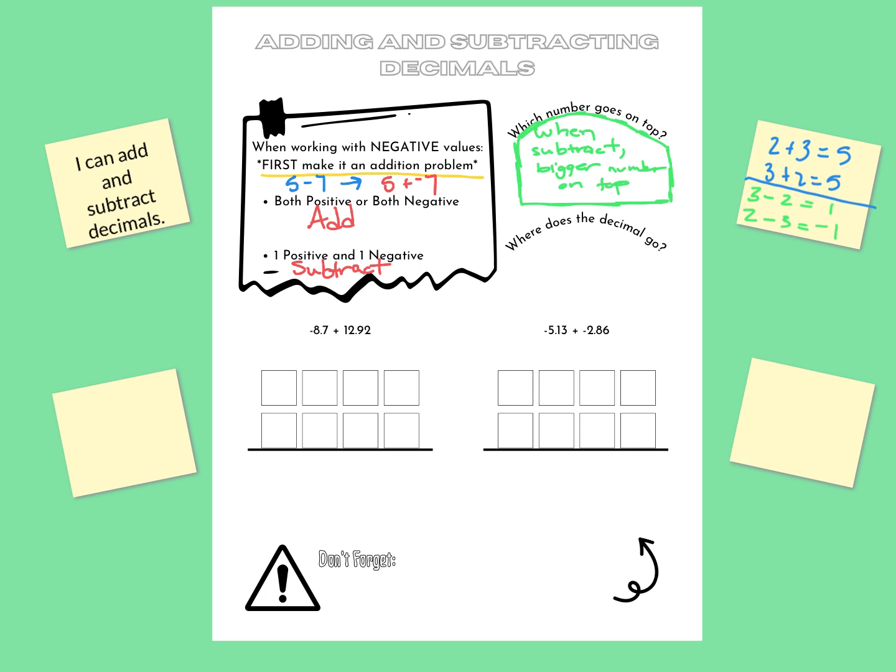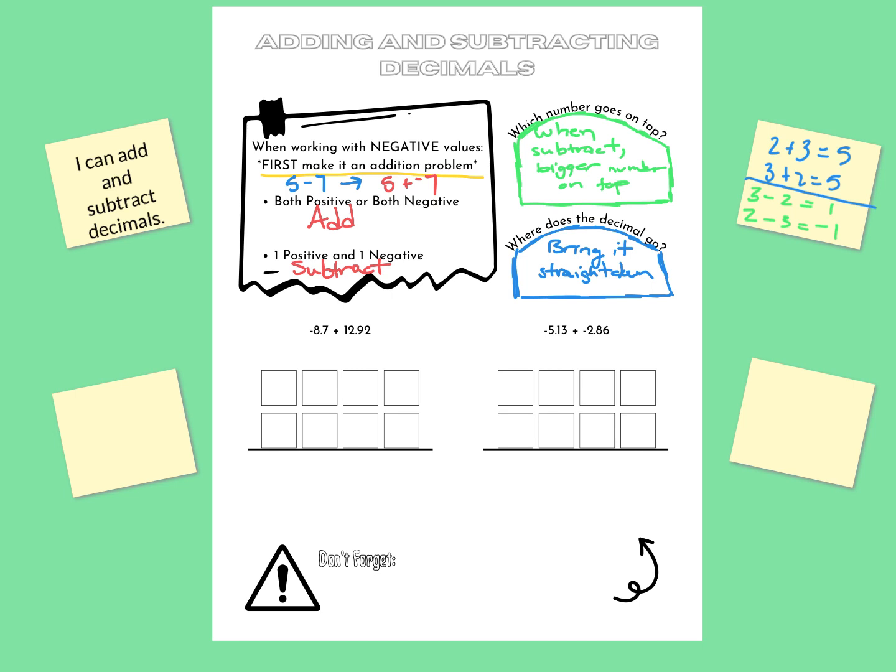And then where does the decimal go? We're just going to bring it straight down. So we bring it straight down from where it is because we have to make sure we line that decimal up in order to set our problem up.